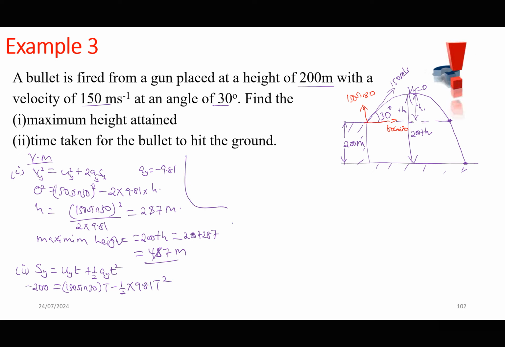So if you're good at mathematics, if you're a mathematician, you should be able to solve this. I'll just rearrange it for you. You could use a calculator to solve this quadratic equation. I'm just rearranging the equation for you.